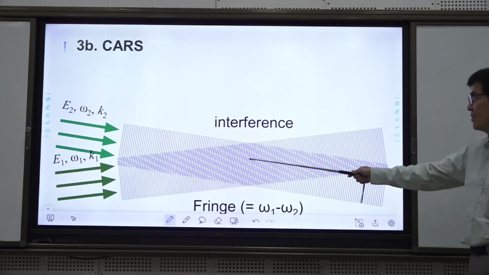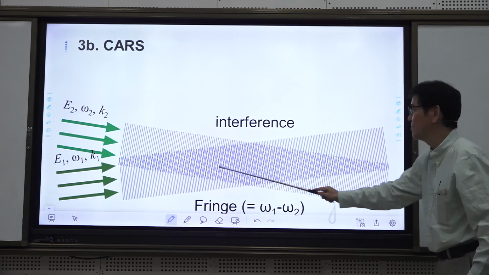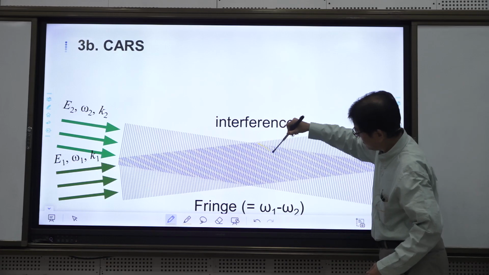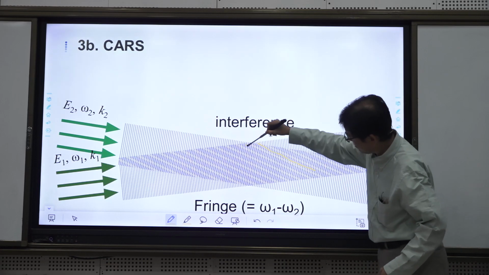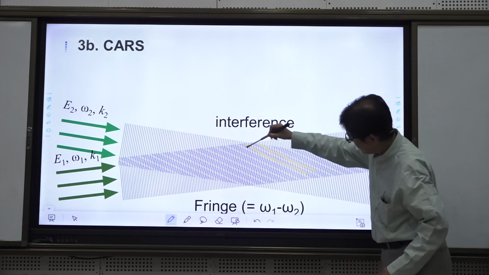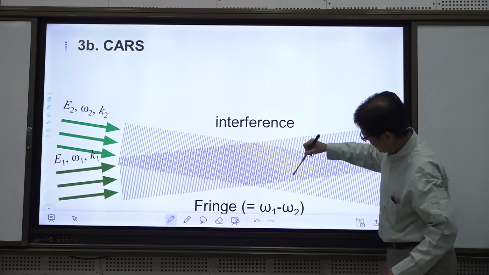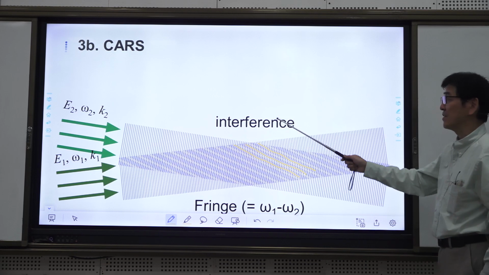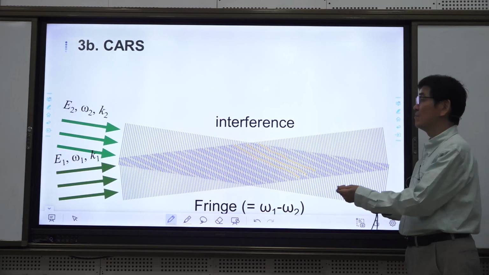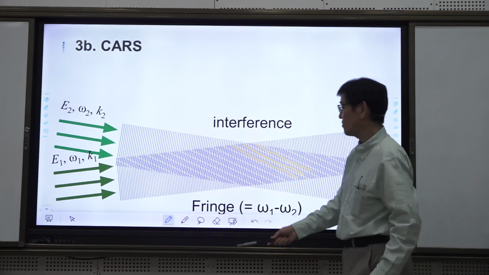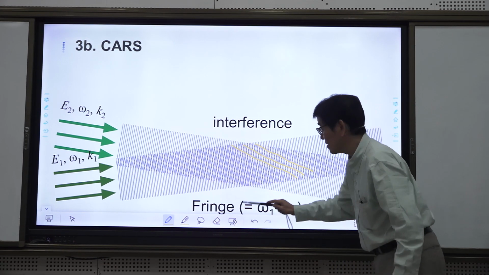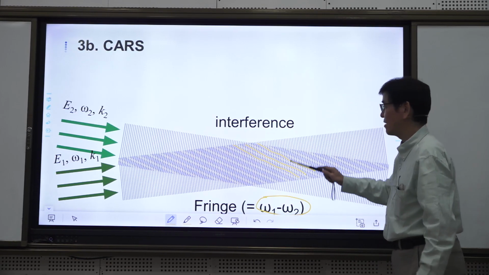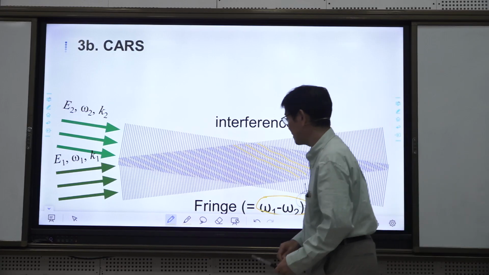Do you see a beat in this region? Okay, there is a beat. Due to the interference, a beat corresponding to the difference of the angular frequencies occurs, a fringe occurs.